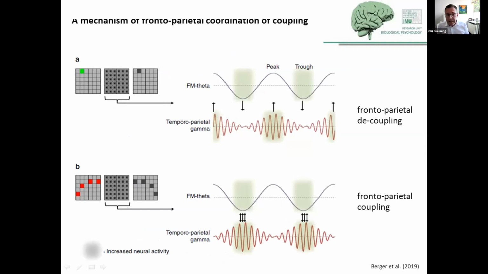So if you consider that this posterior gamma activity is somehow a signature of increased neuronal activity, then we would have a fluctuation, a pulsed fluctuation of neuronal activity there, right? At the same time, if we consider frontal midline theta activity as a marker of fluctuations of excitability as well, then we would have 2 different patterns.